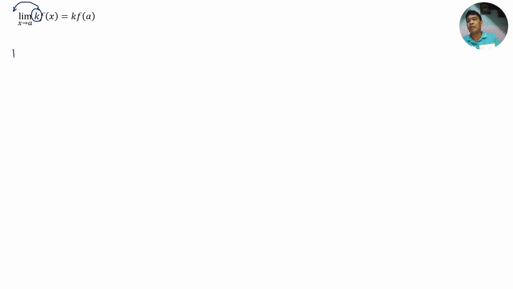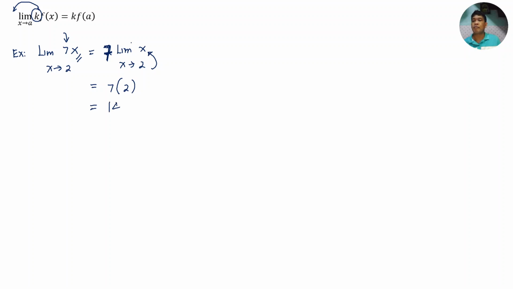Say, for example, if I have here limit of 7x as x approaches 2, that is equal to 7 times limit of x as x approaches 2. Since 7 is a constant, ilalabas lang natin siya, then i-evaluate na natin yung limit of x as x approaches 2. Since substitute lang natin siya doon, this gives us 7 times 2. So the answer there is 14.